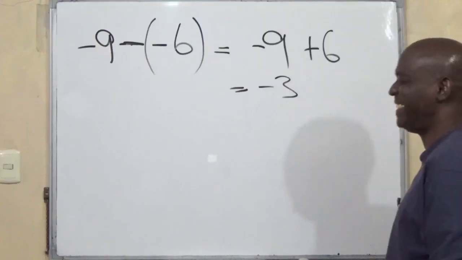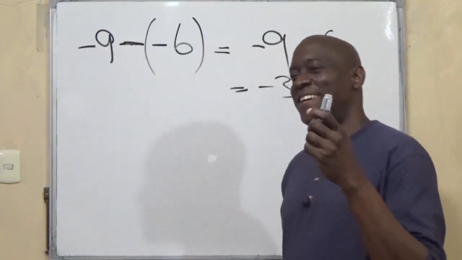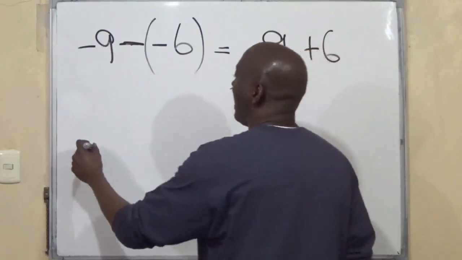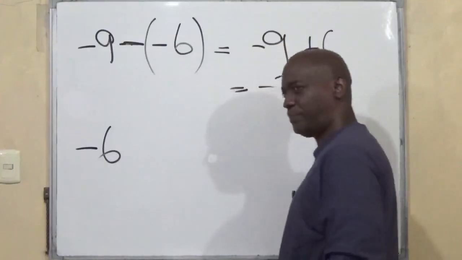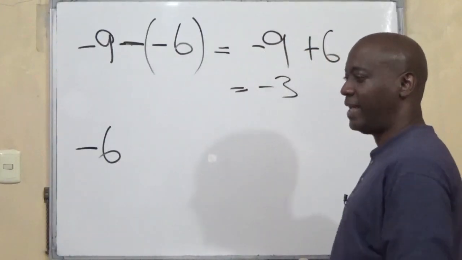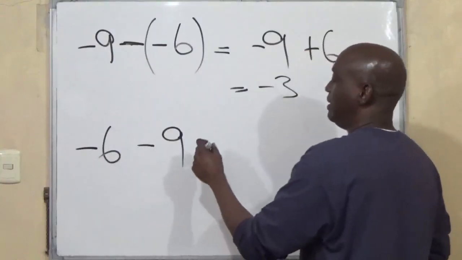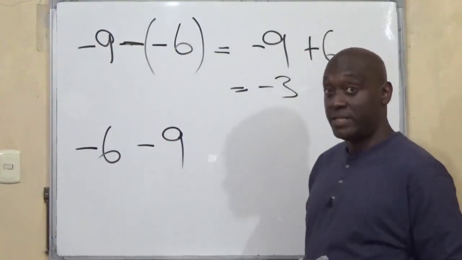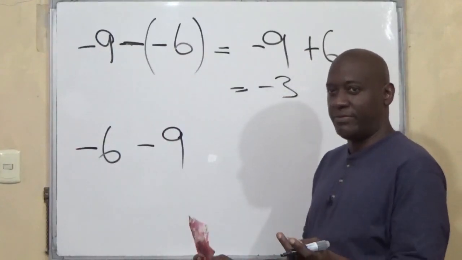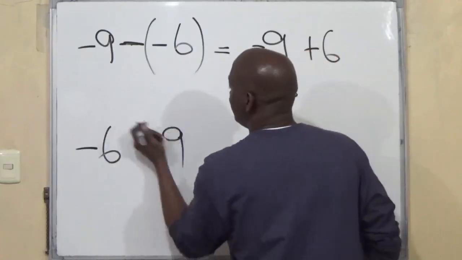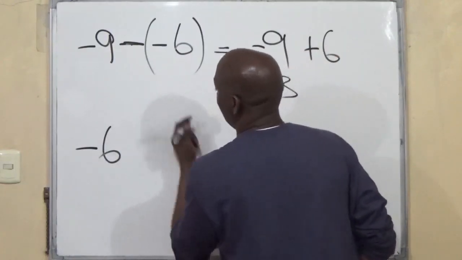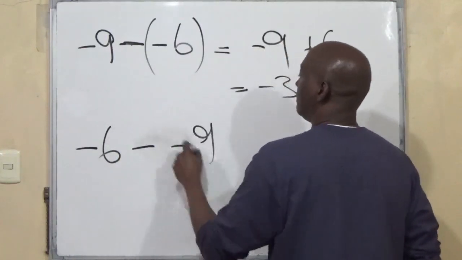Right? So if I lost 6 sheep, in the previous example, we would have lost 9 more to have a total loss of 15 sheep. But if instead of a loss of a further 9, we reverse that.